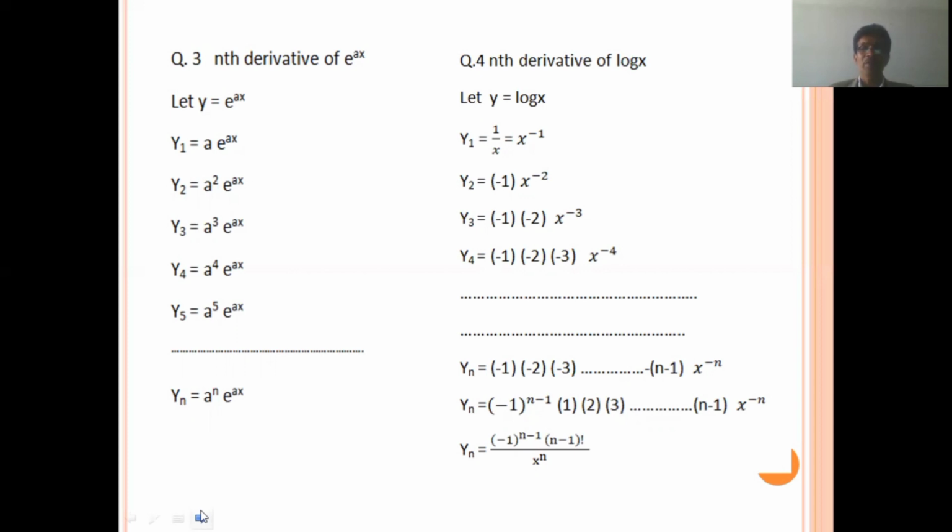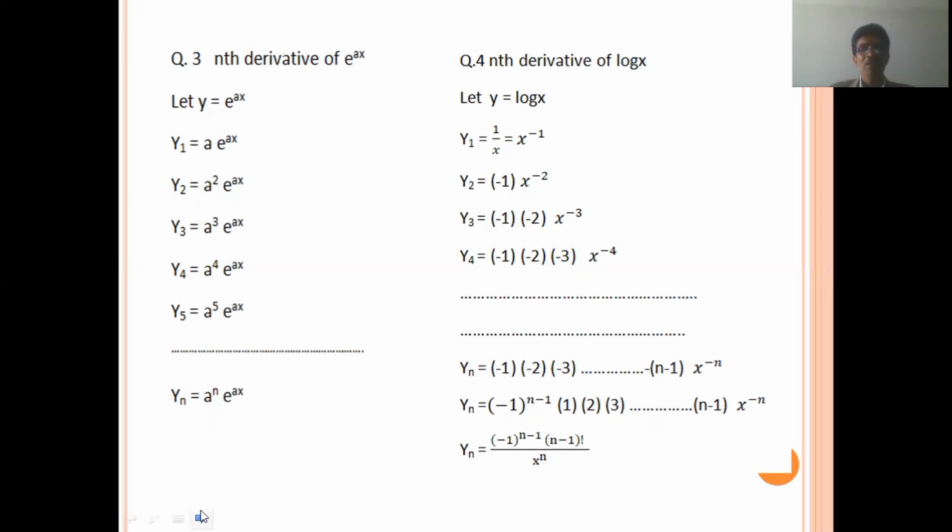So yn is equal to minus, minus, minus, and so on. Taking minus common from all the terms, the total number of terms is n minus 1, so minus 1 appears n minus 1 times, and we can write it as minus 1 to the power n minus 1, and all remaining terms are positive: 1, 2, 3, 4 up to n minus 1, and x to the power minus n.